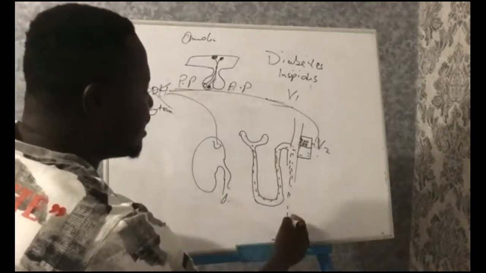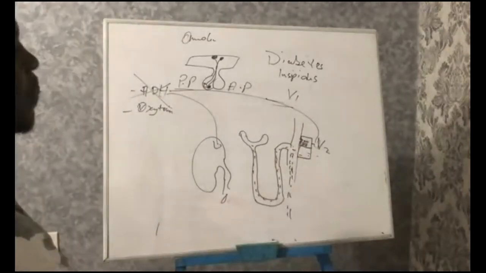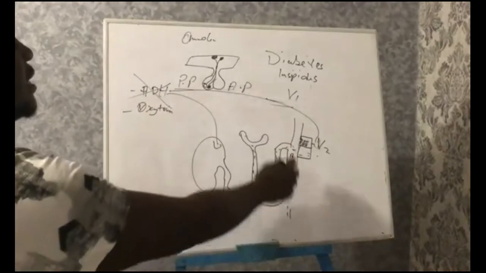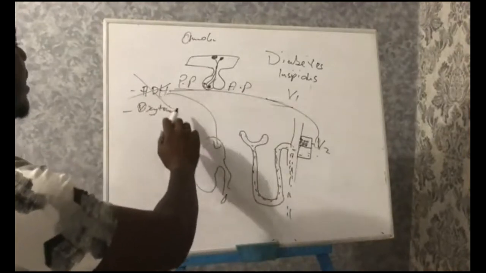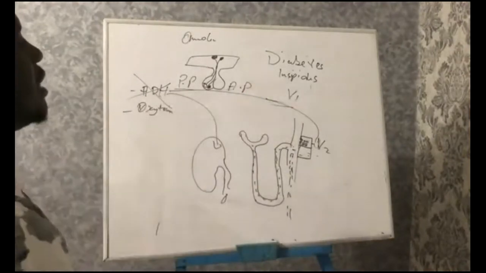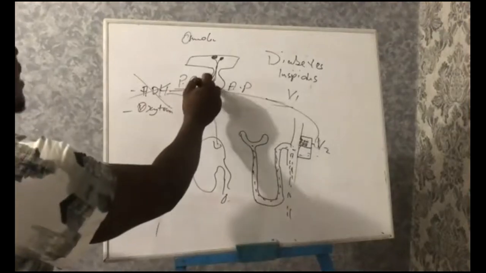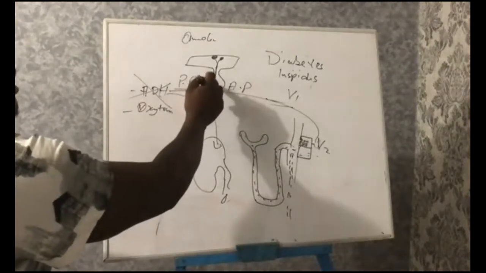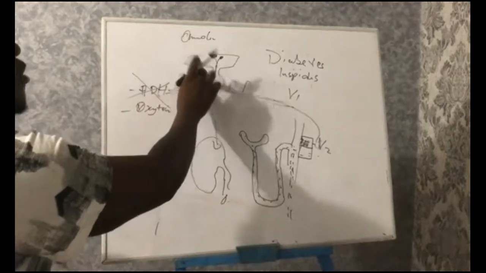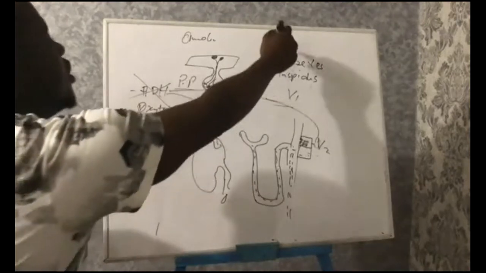Even if you are thirsty, you still urinate plenty. Urinating plenty due to the lack of ADH is called diabetes insipidus. If the problem comes from the lack of release of ADH, it's called neurogenic.